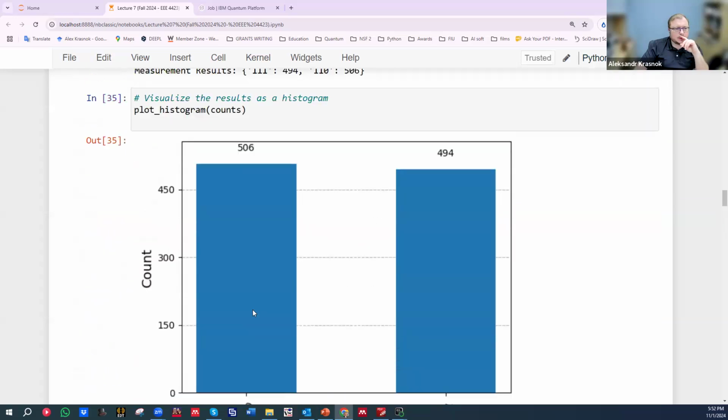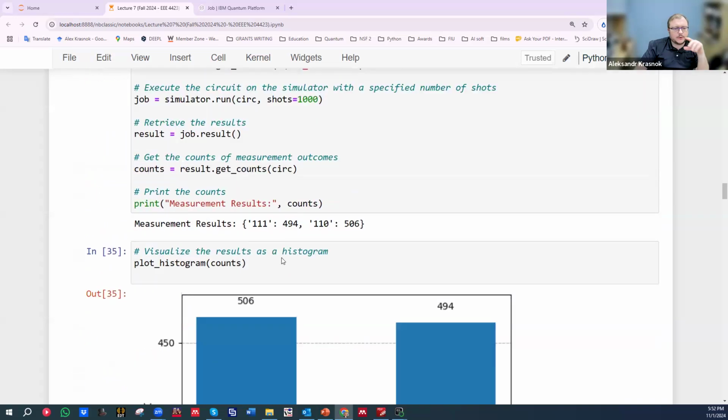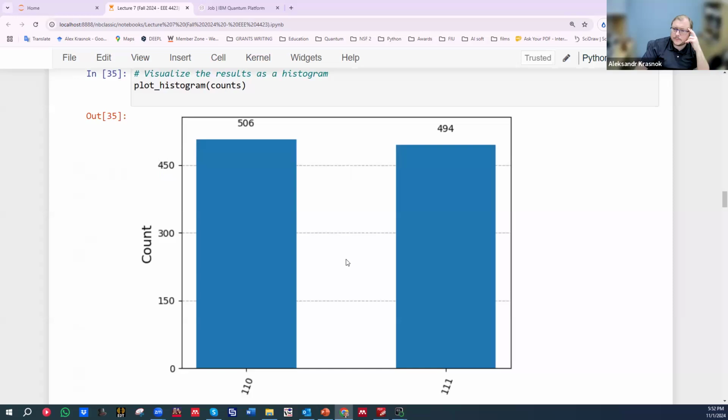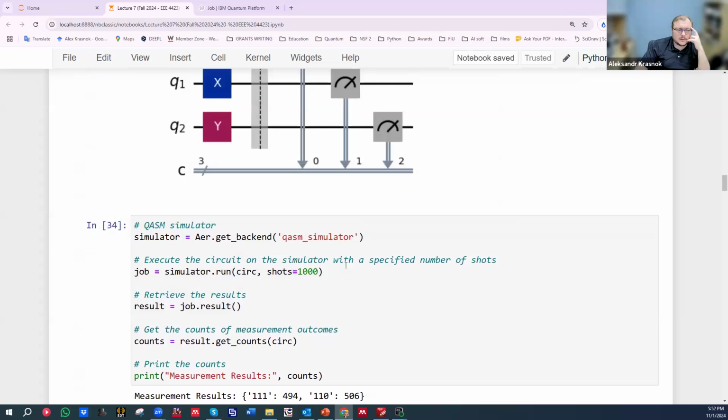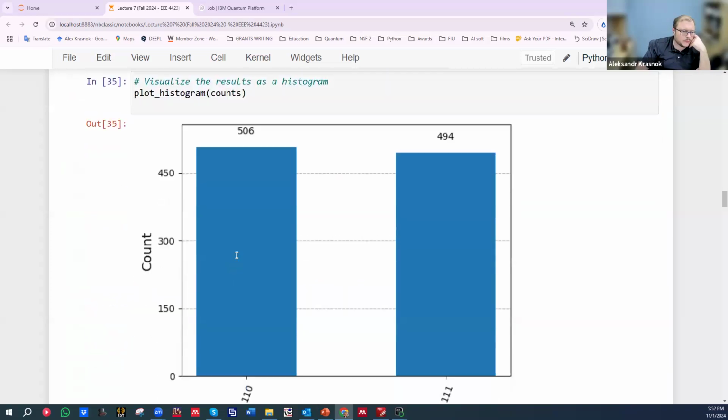The result will be very similar to this one, because the Aer simulator is very good at emulating a quantum computer, basically.